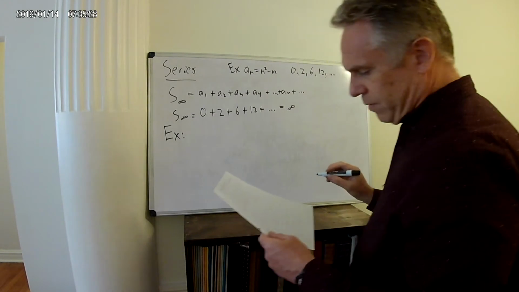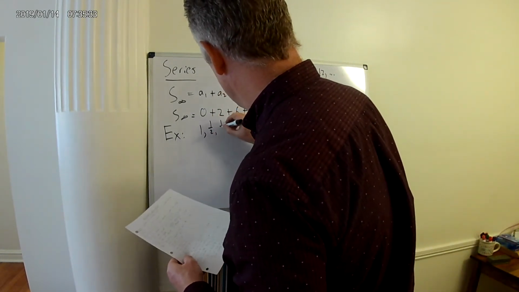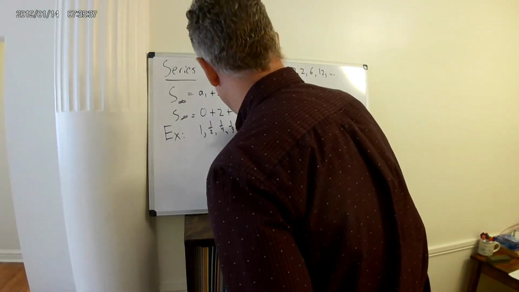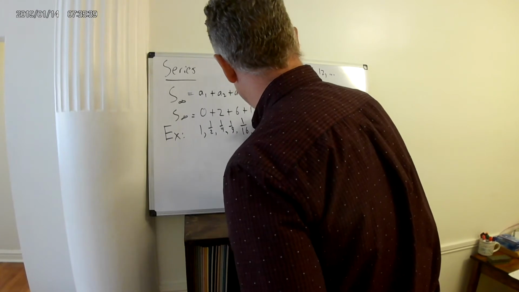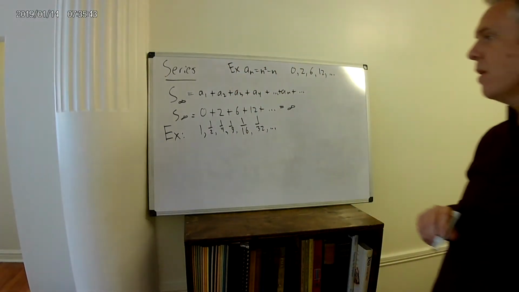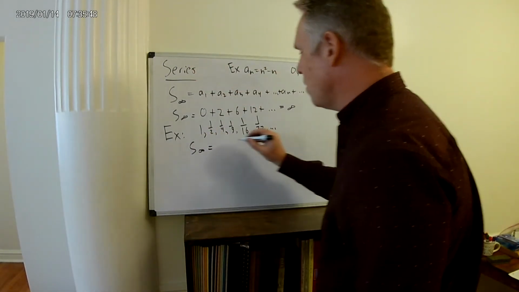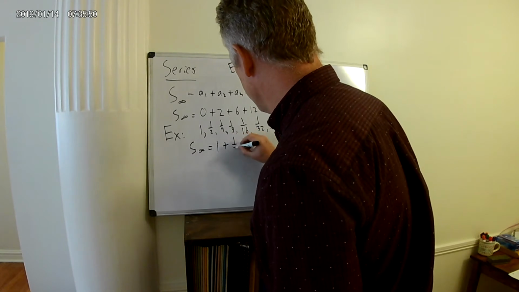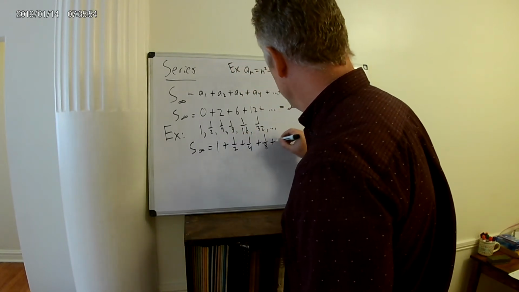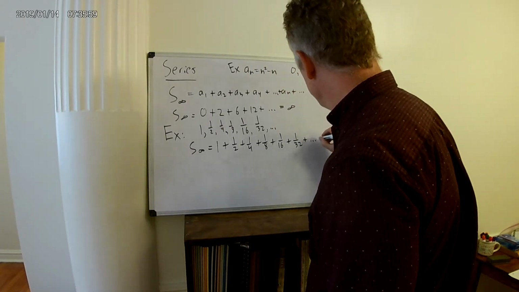Another example of a sequence is this sequence: 1, 1/2, 1/4, 1/8, 1/16, 1/32, and so on. This is an example of another sequence, okay? If we sum up all the terms of this sequence, we get 1 plus 1/2 plus 1/4 plus 1/8 plus 1/16 plus 1/32 plus out to infinity.